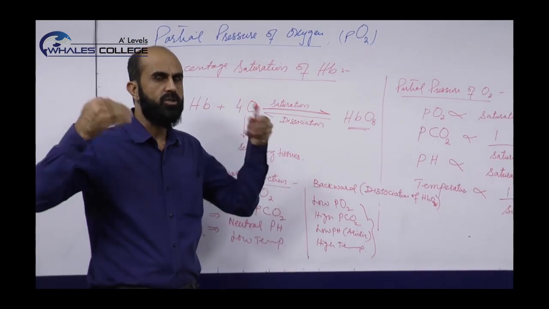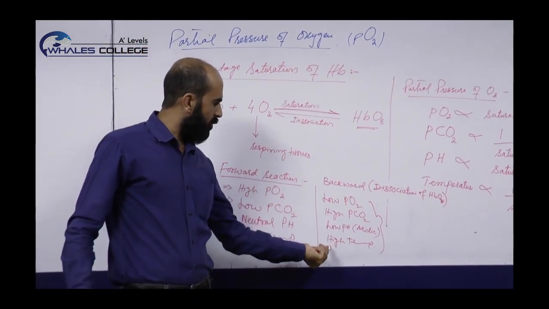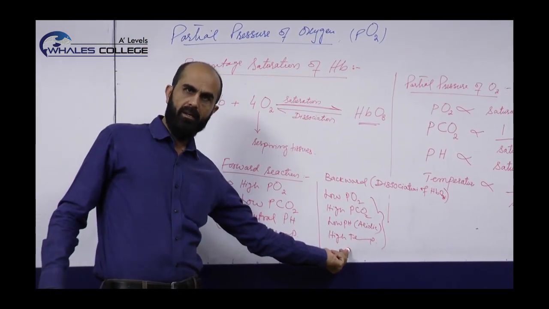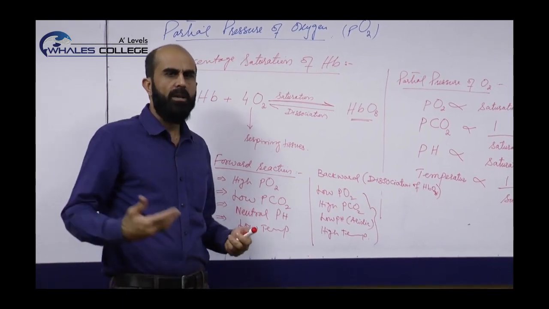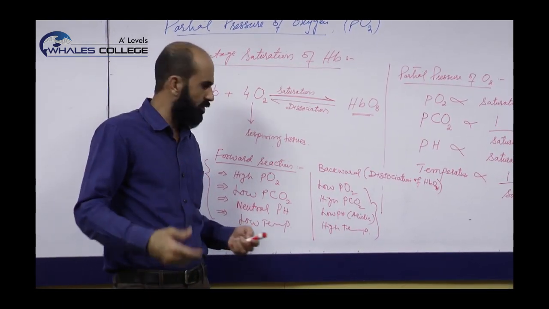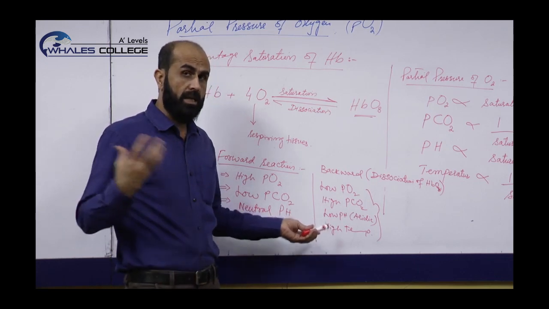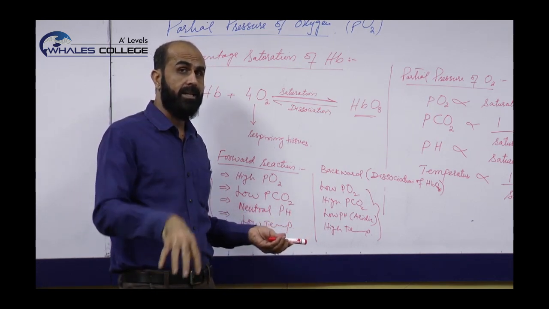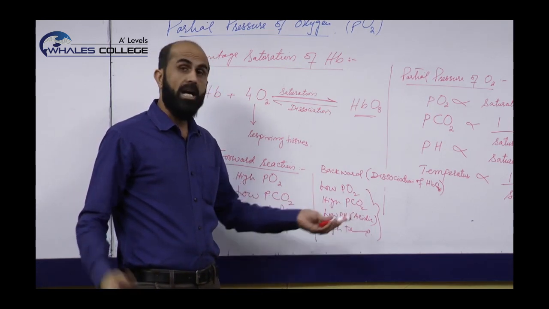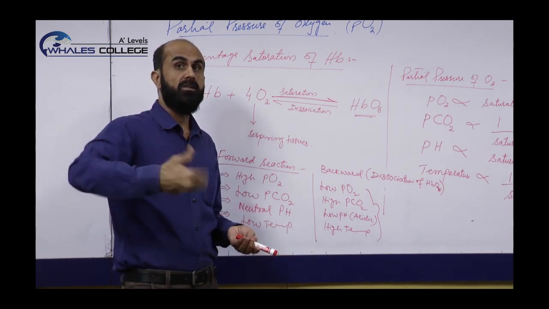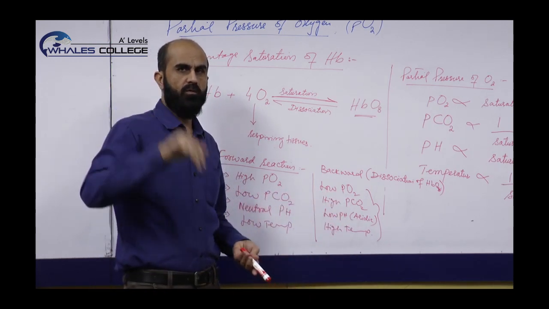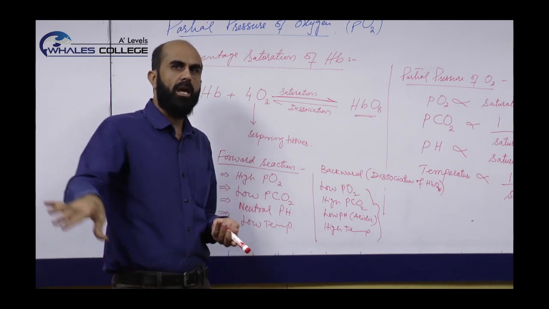So in the respiring tissue, temperature should be high because kinetic energy, heat energy, is going to be produced. pH should be lower because of the production of carbon dioxide, which is acidic in nature. High partial pressure of carbon dioxide because it's continuously produced. Low partial pressure of oxygen because it's constantly consumed.